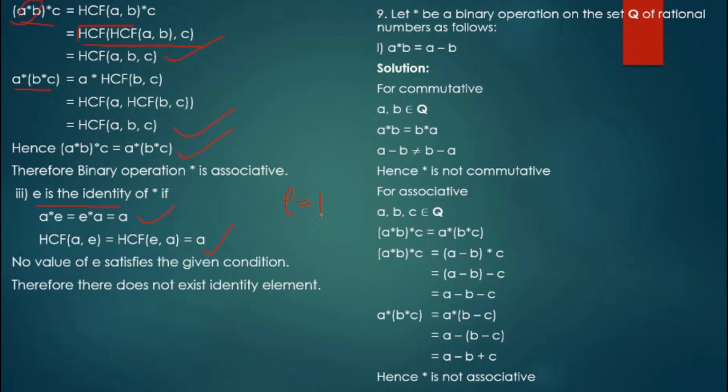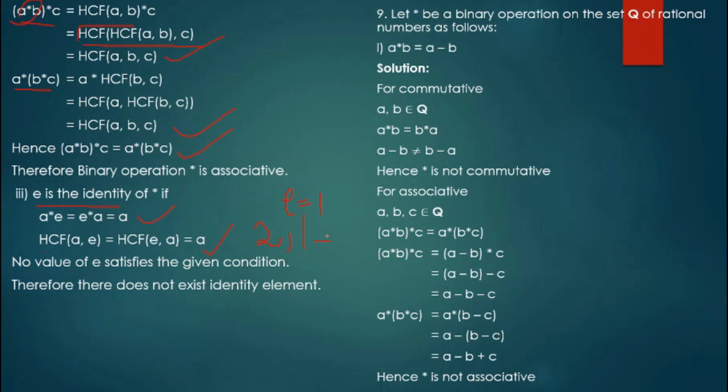Okay, if E is 1, take any value. We'll take A as, sorry, not 1, we'll take it as 2. Now HCF of 2 and 1, what is the answer?